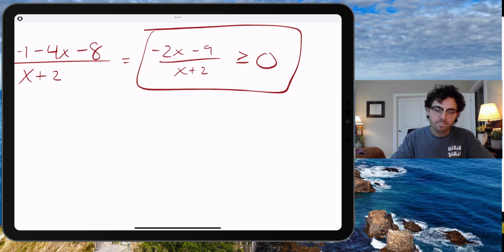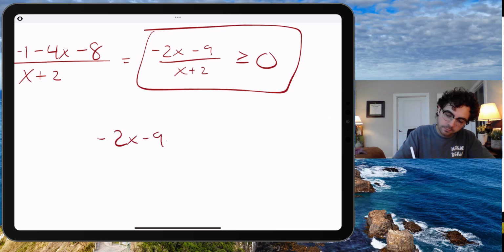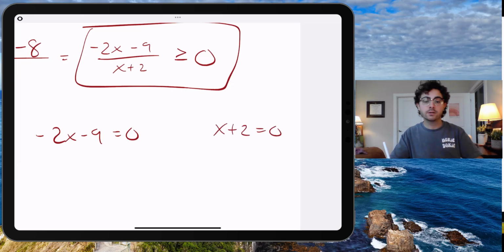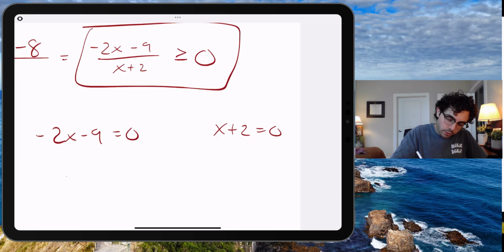So how do we do this? Let's find the x values for which the numerator is equal to 0. And let's find the x values for which the denominator is equal to 0. Starting with the numerator here, add the 2x, divide by 2.